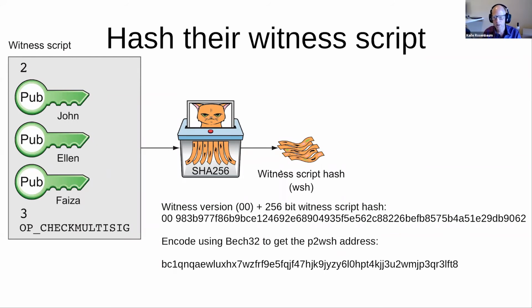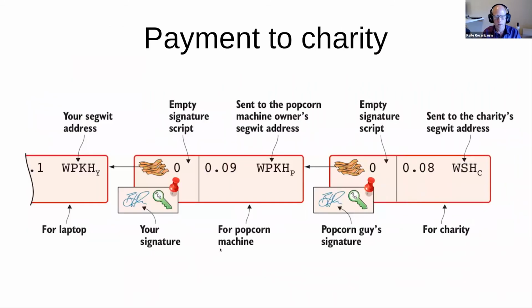Okay, so they create this witness script hash, and from that they create an address, and they give this address to the popcorn guy. And this is the output that you gave to the popcorn guy, and now the popcorn guy wants to spend this output and send his coins to their witness script hash address, to the charity over here.